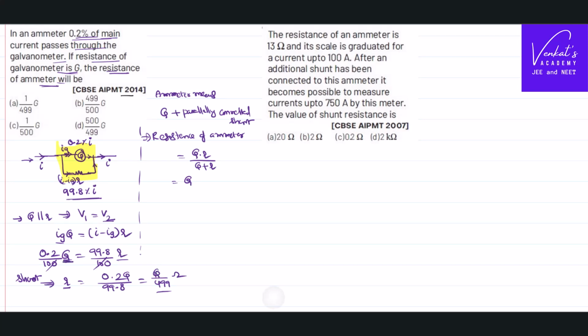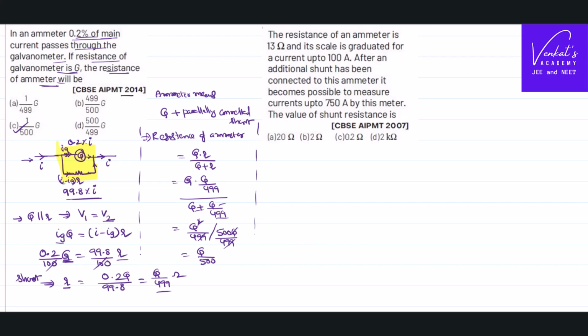So G into G by 499 over G plus G by 499. That is G square by 499 divided by 499 G plus G over 499, that is 500 G by 499. 499 cancels, one G cancels, and the remaining answer is G by 500. So the resistance of the ammeter is G by 500.